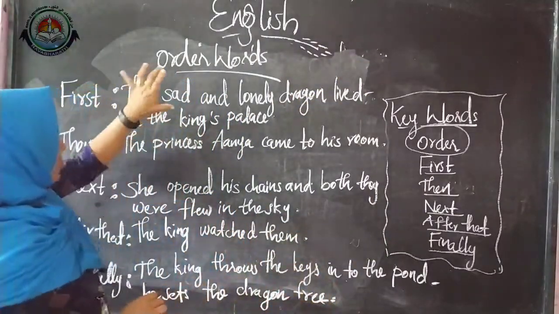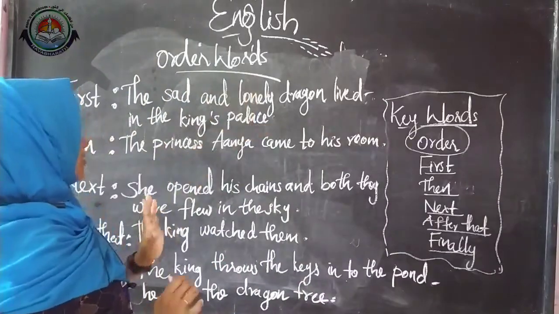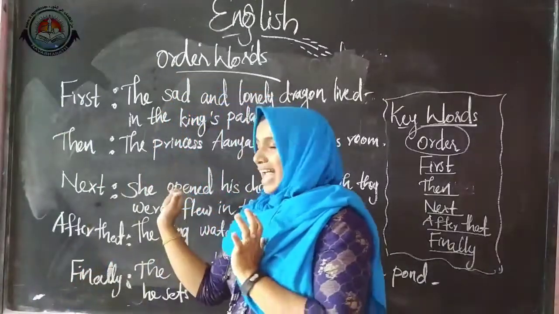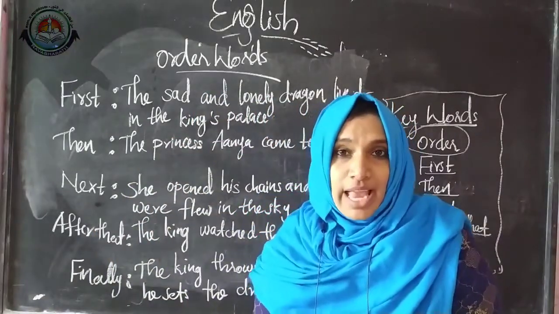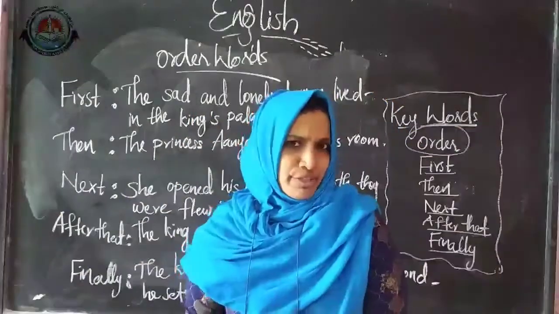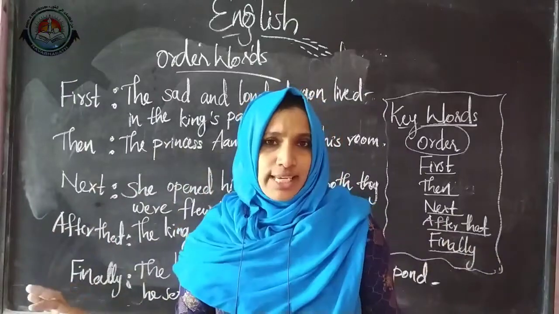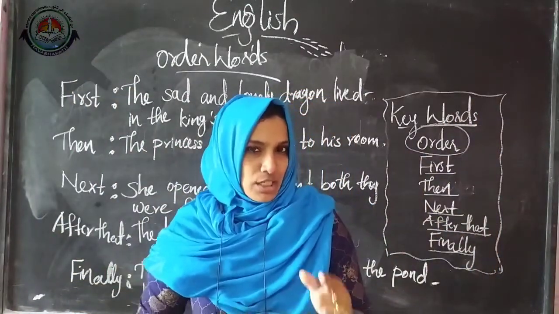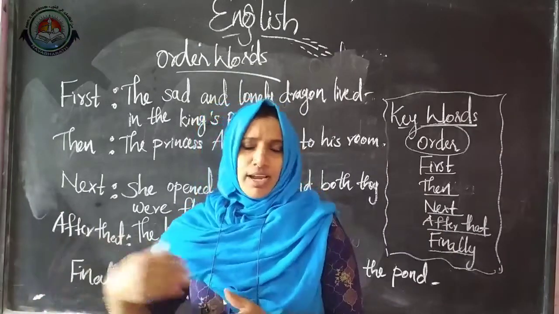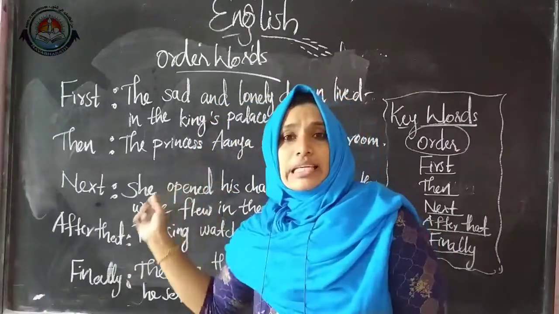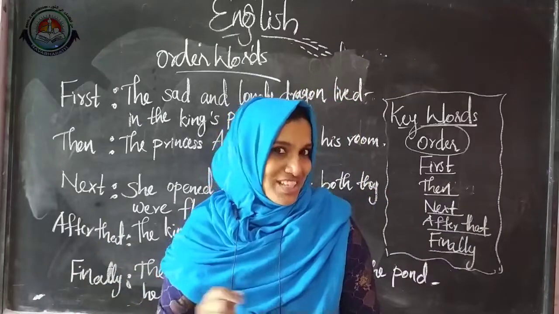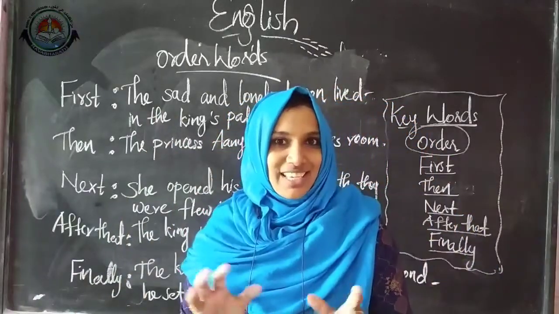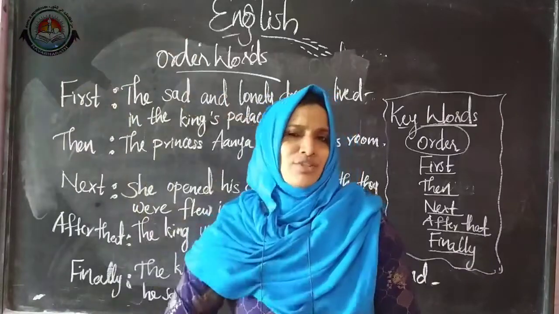So first, the sad and lonely dragon lived in the king's palace. Then Princess Anya came to his room and she set the dragon free. She opened his chains and both of them were flying in the sky. Then when they came back from the ride, they saw that the king was watching them. But children, seeing his daughter's happiness, the king throws the keys into the pond.